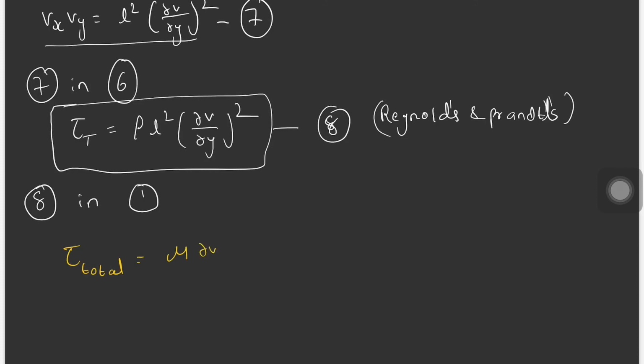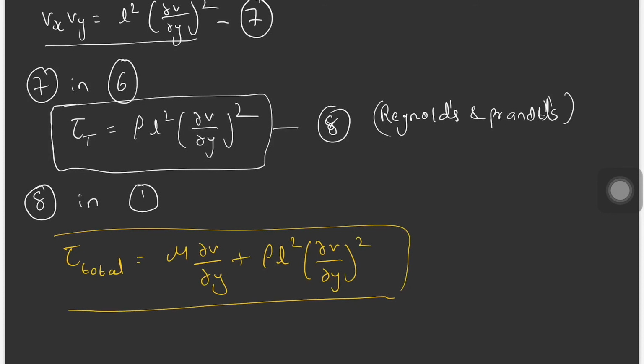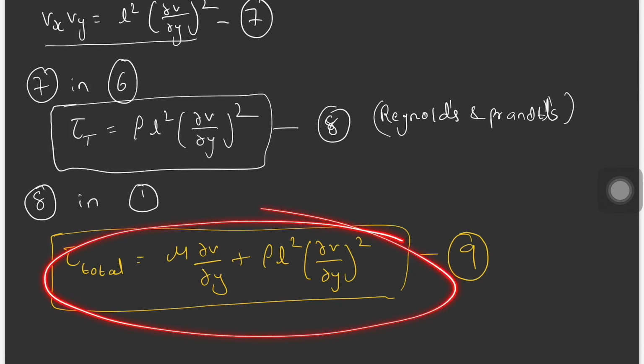Mu dou v by dou y. What is turbulent shear stress? Rho L square into dou v by dou y whole square. Equation number 9: the equation for total shear stress acting on a fluid element in a turbulent flow is this.